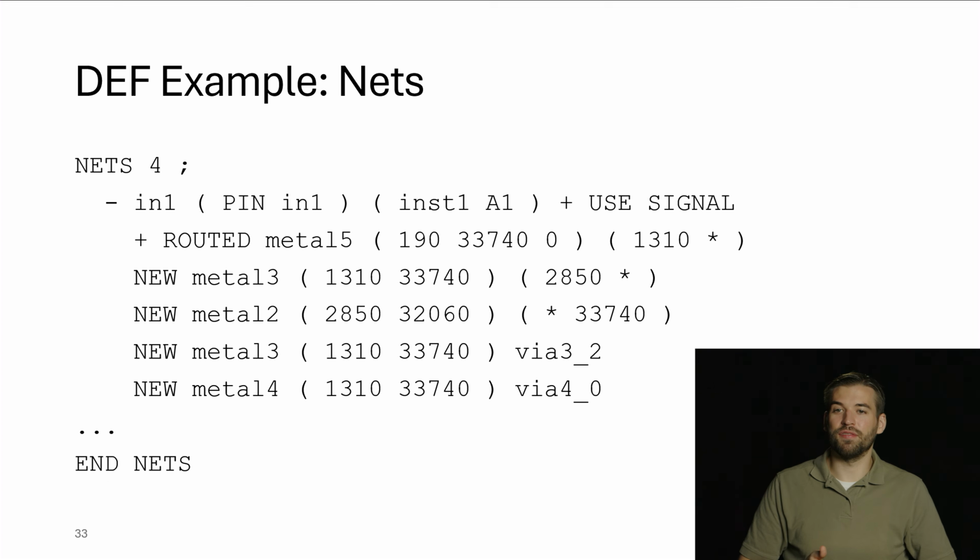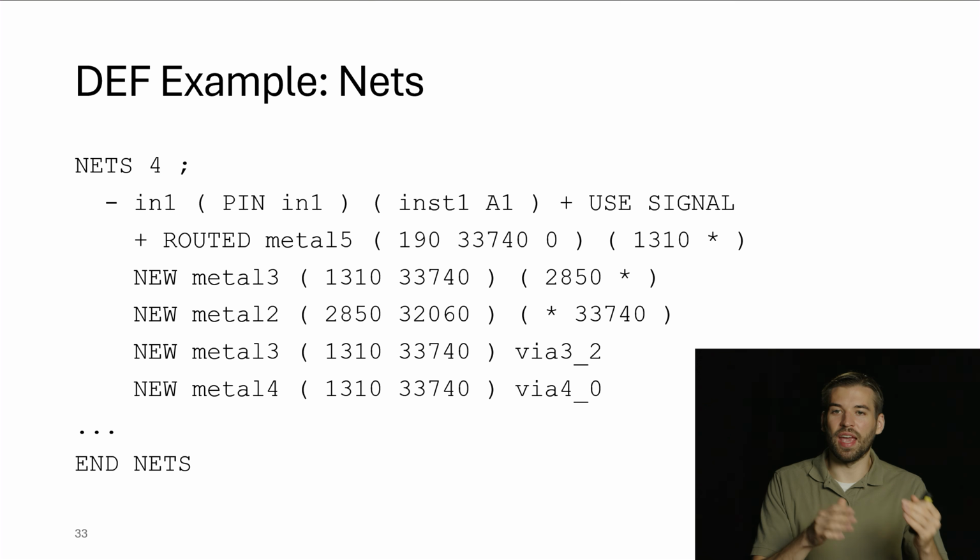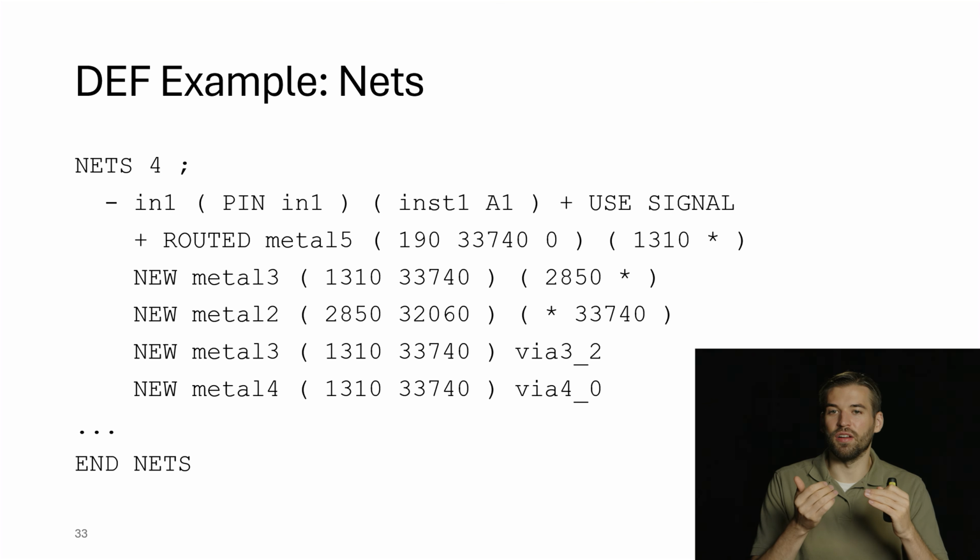So here we have our in1 net, and that net is going to be connected to the pin in1, and then also connected to the A1 pin of inst1. It's going to be a signal type, and then it's going to have a bunch of metal routes in between them.